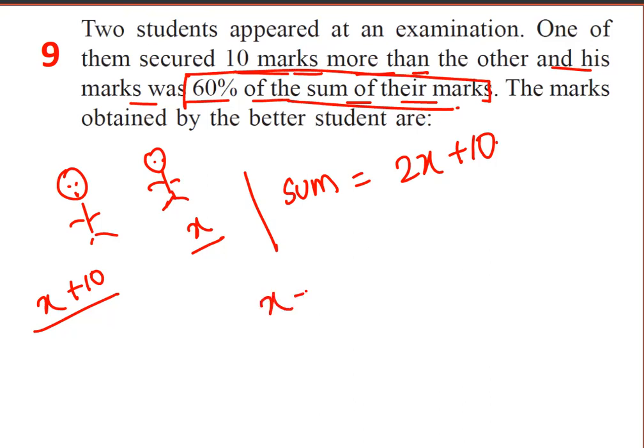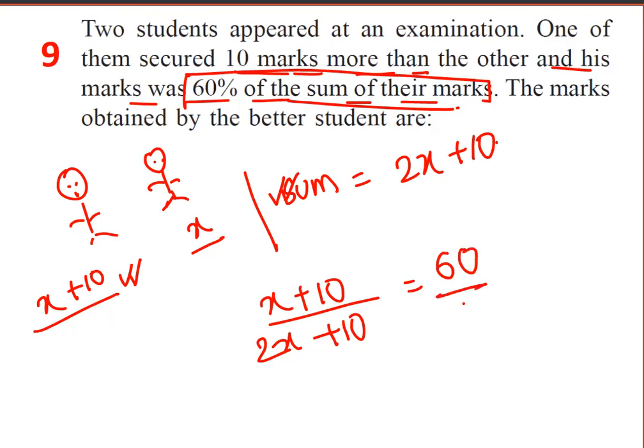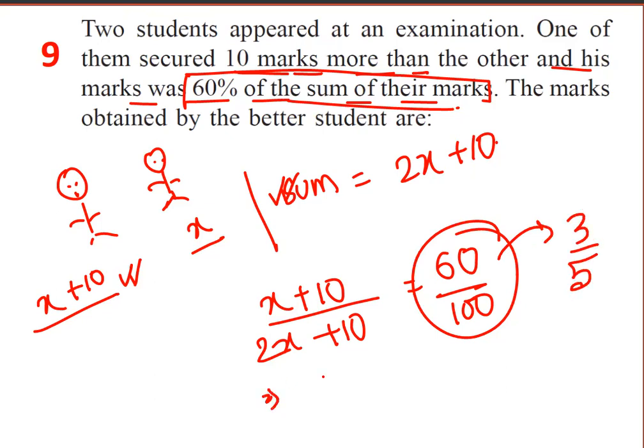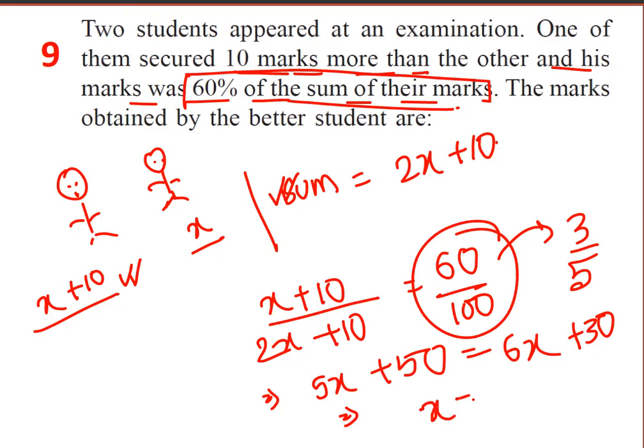So basically we can say that this guy's marks divided by the sum 2x plus 10 is 60%, right? So we will never calculate by 60%, we will write down 3 by 5, right? So it will be 5x plus 50 equals 6x plus 30. Okay, so basically it will be how much? x is equal to 20.